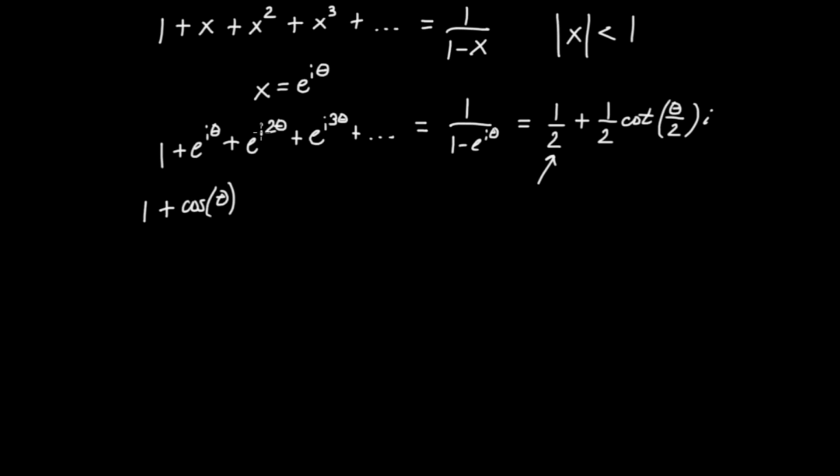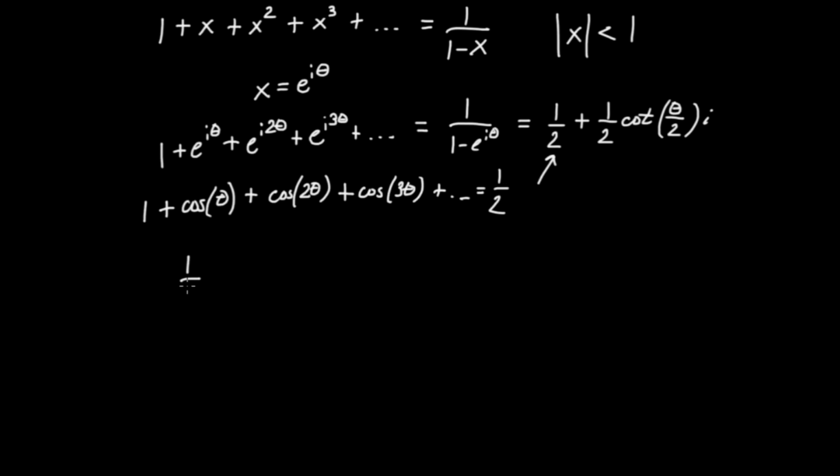And for this one, e to the i 2 theta, the real part is going to be cosine of 2 theta. Then for this one, hopefully you're seeing the pattern, plus cosine 3 theta, and so forth, is somehow equal to 1/2. And now I'm going to subtract 1/2 from both sides.